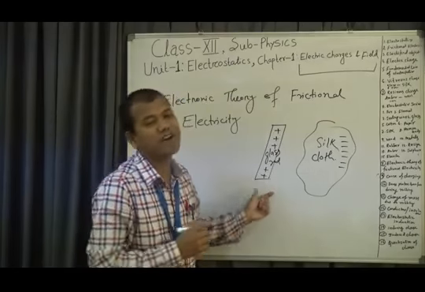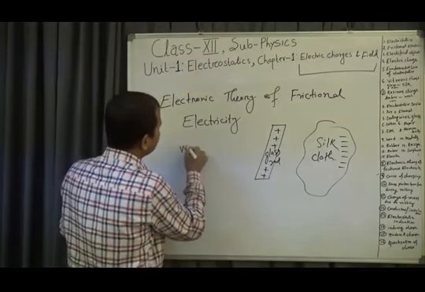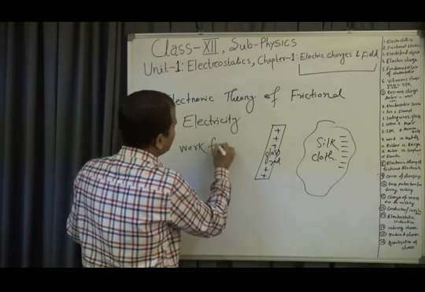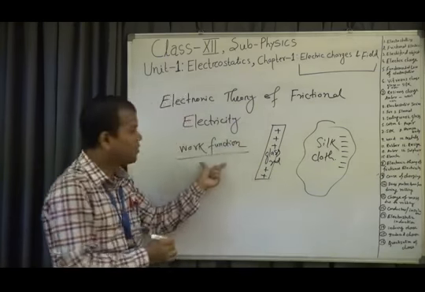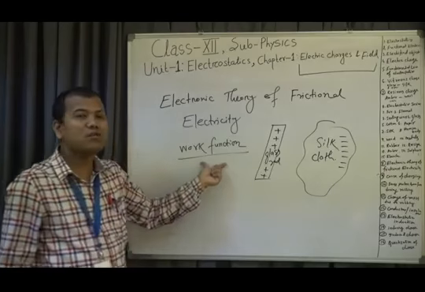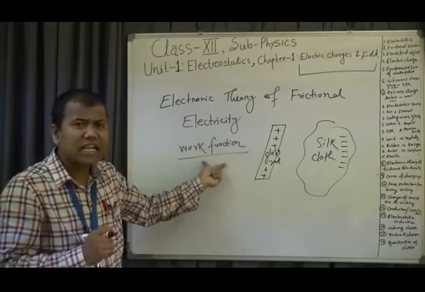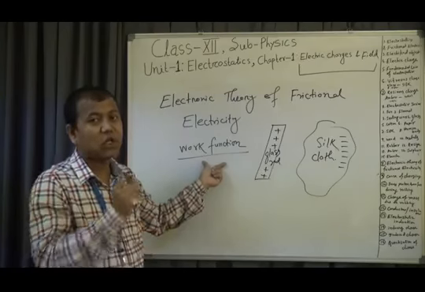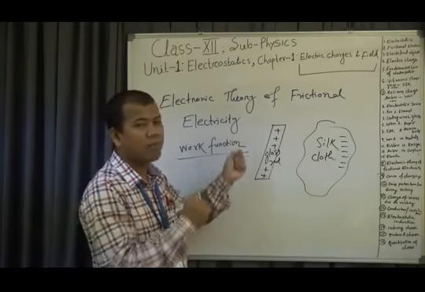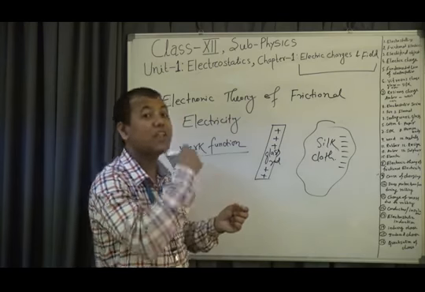It is about the work function. So let me explain the concept of work function. What is work function? Yes, it is the amount of energy required to transfer an electron from one object to another object.